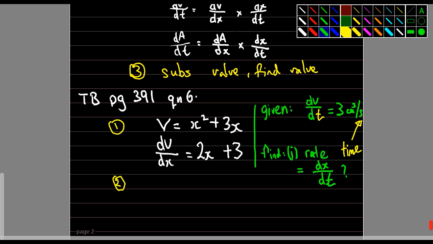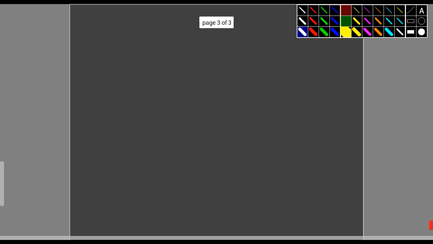What's the second step I want to do before I can find this dx over dt? I must write this one. So how do I write? dx over dt equals dx over dV times dV over dt. Also can.